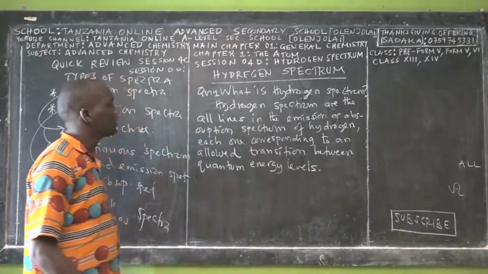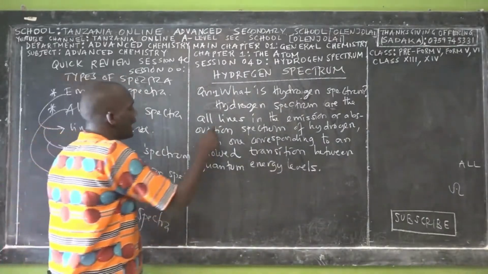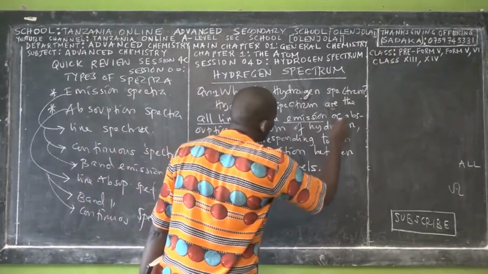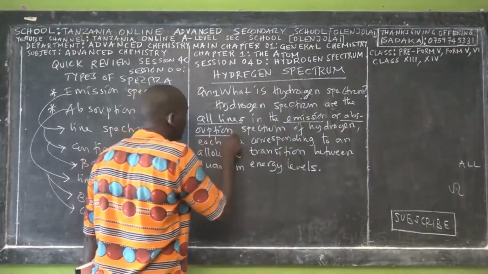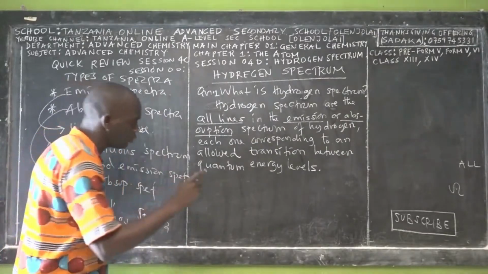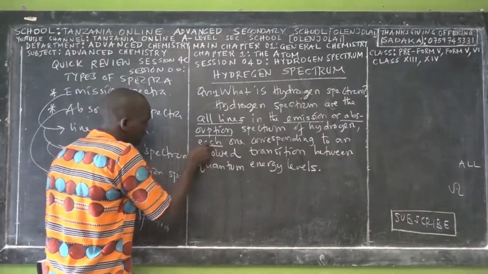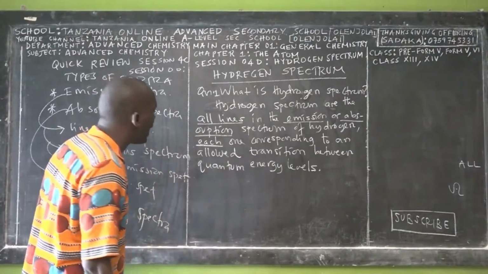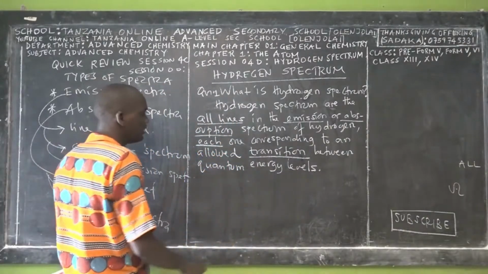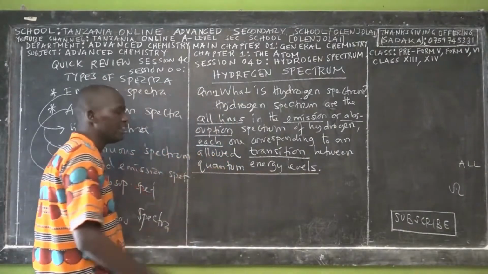So that's the definition of hydrogen spectrum. Hydrogen spectrum are all lines in the emission or absorption spectrum, as I told you in the previous session, of hydrogen, each one corresponding to an allowed transition between quantum energy levels.